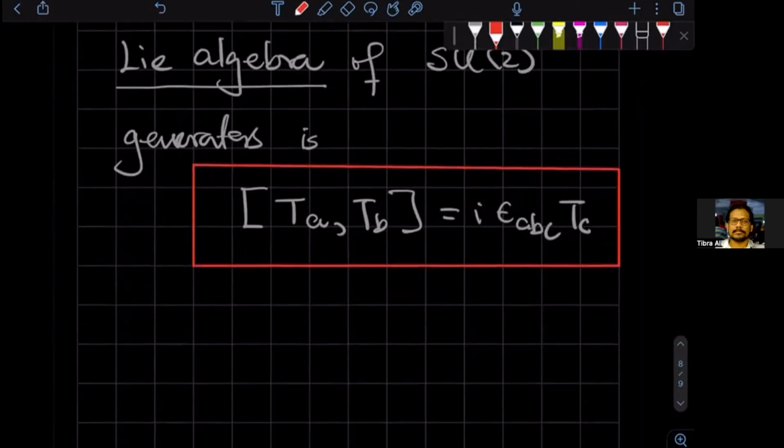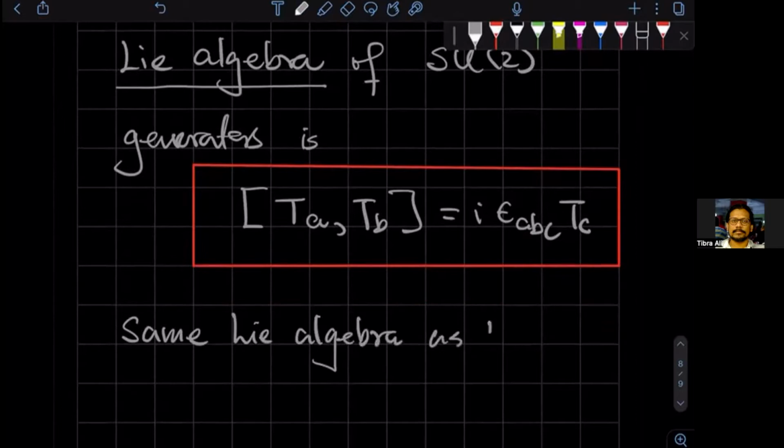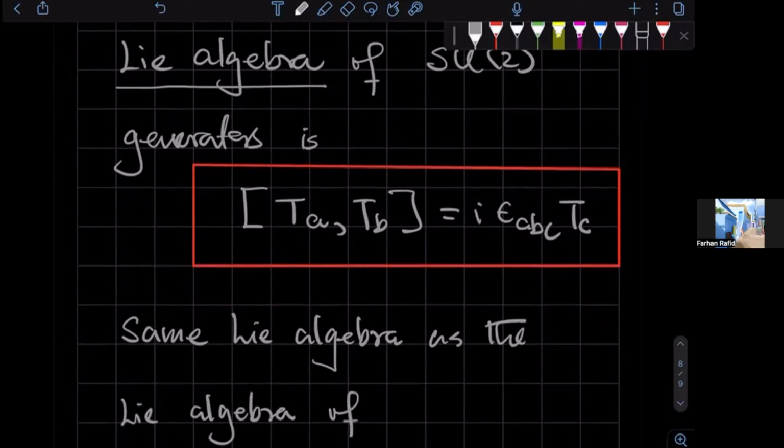So this is the same Lie algebra as the Lie algebra of SO3. So this is why SU2 and SO3 have a relation. This is basically reflective of the fact that there is a homomorphism between SU2 and SO3.